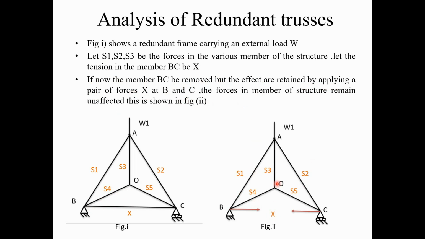The member forces remain S1, S2, S3, S4 and S5, and there is a force X we applied at B and C alone. So here the structure becomes determinate, but there is one unknown force, X. We cannot find X by statical equilibrium equations. So the effect is unchanged because of applying the X pair.